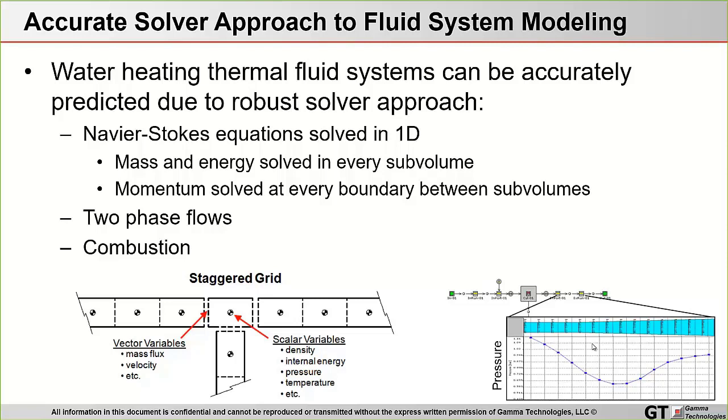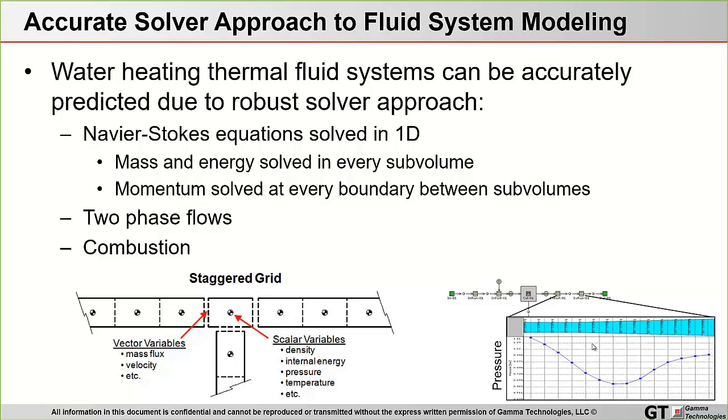And this is just reduced down to one dimension from 3D. And what this does is it allows the user to run with many fewer cells than you would with full 3D CFD, thereby saving a bunch of computational time when running with 1D.